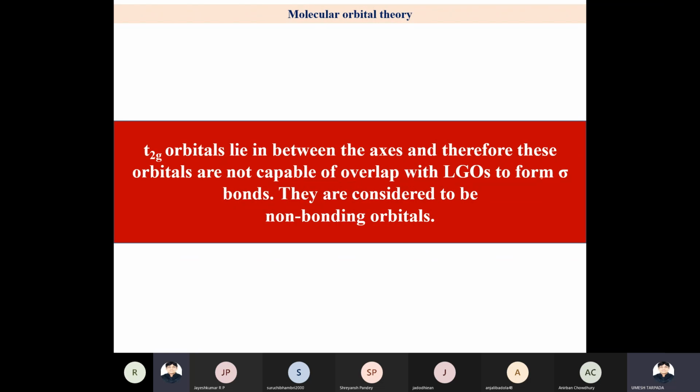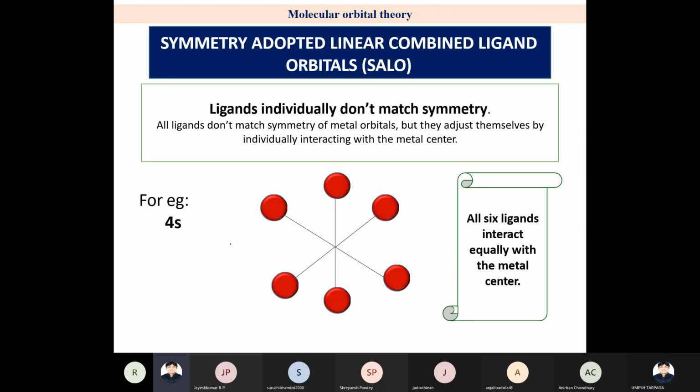So T2g cannot form the sigma bond. So in this situation, if you go for its diagram, you can have a symmetry adapted linear combination of ligand orbitals, which is called SALC, symmetry adapted linear combination of atomic ligand orbitals.